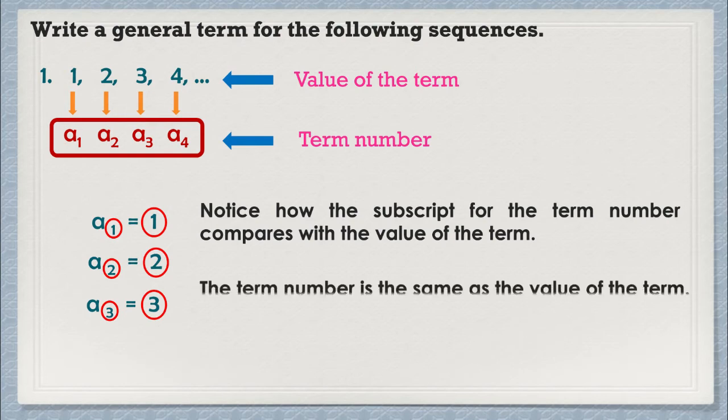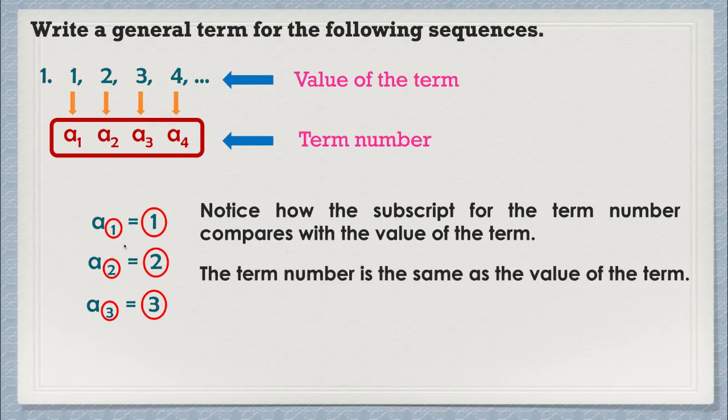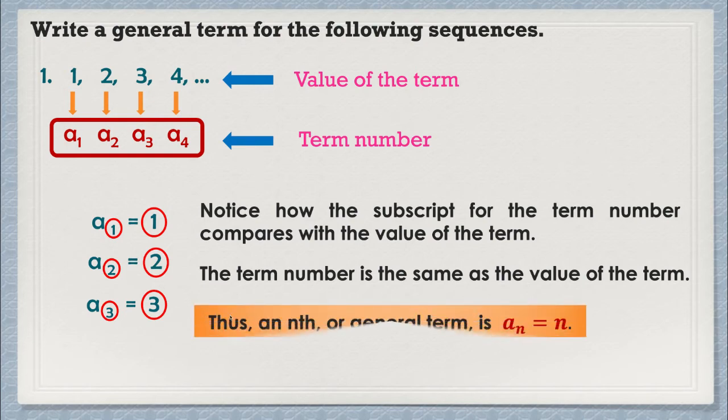Now notice that the term number is just the same as the value of the term. Right? So the first term here is 1. Second term, the value is 2. Third term, the value is 3. Therefore, the nth or the general term here will be a sub n equals n, since the subscript is just the same or equal to the value of the term.